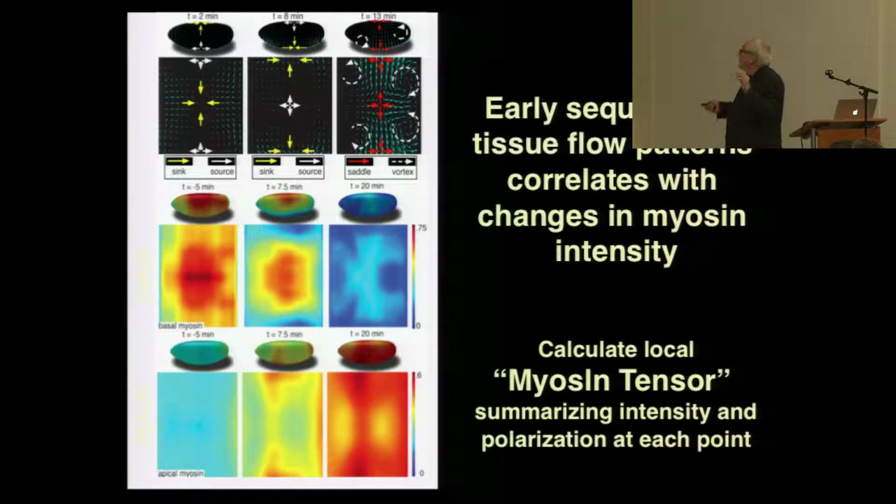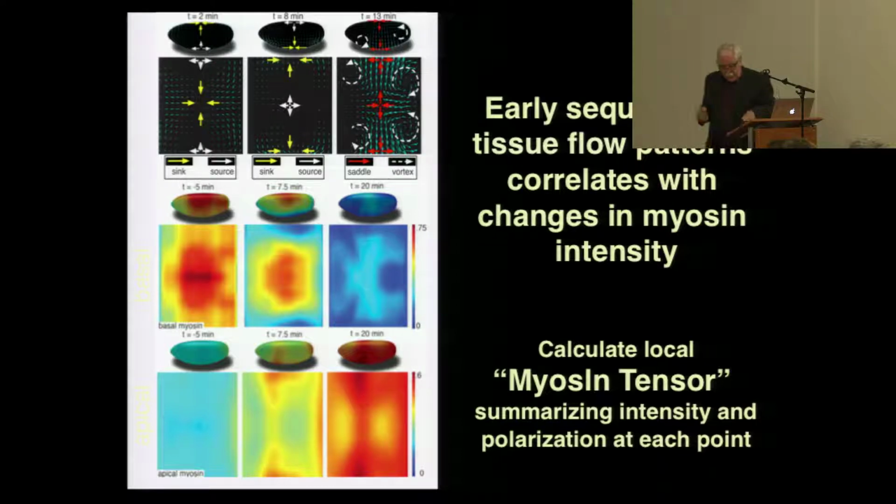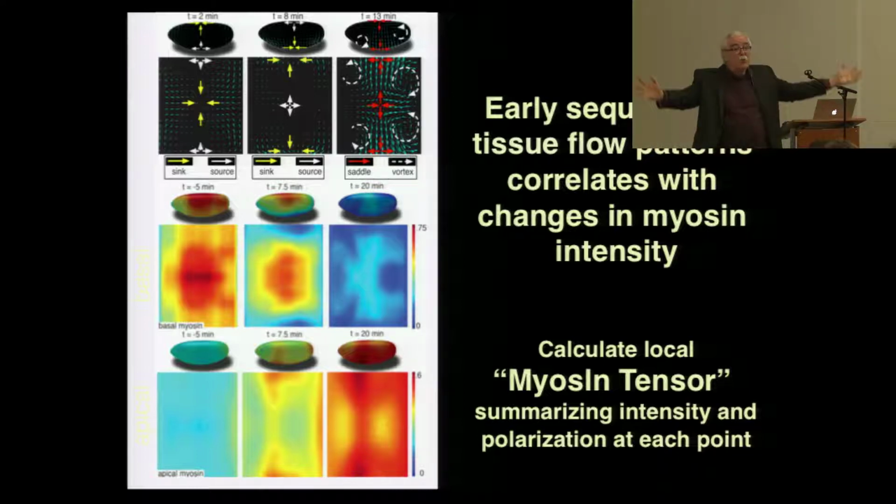Computationally, what we've done is use these values plus the anisotropy at every point along the surface of the embryo to calculate a measure of myosin that we're going to call a myosin tensor. It's essentially a value that has an intensity and a directionality that defines myosin at each of these points. And then the theoretical question has been to ask: if the myosin tensors are uniform over the whole surface of the embryo, there's going to be no movement.